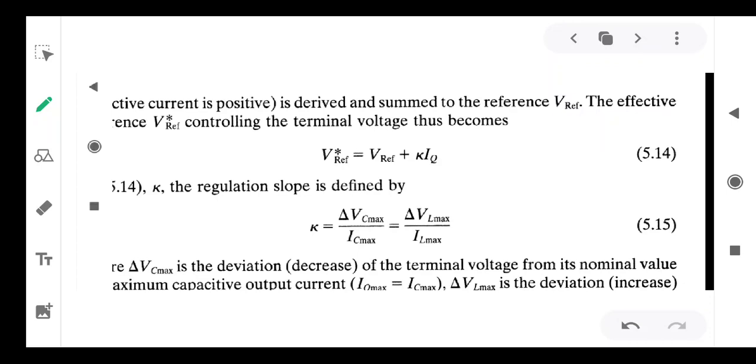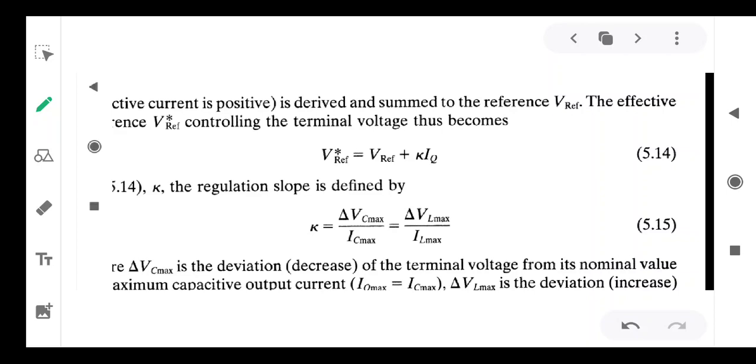So this is the V reference that can be taken. V reference or modified V reference is taken as V reference plus or minus small k into IQ. Small k is the slope and IQ is the reactive current. K is defined as delta Vc max by Ic max.